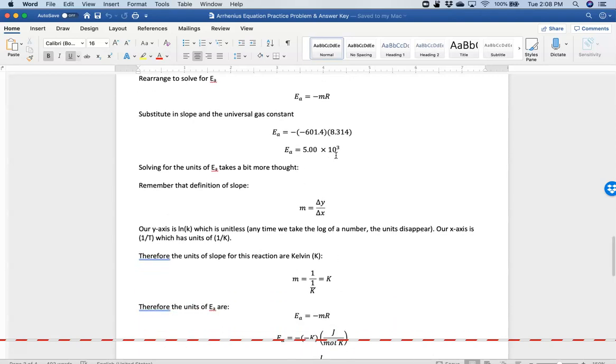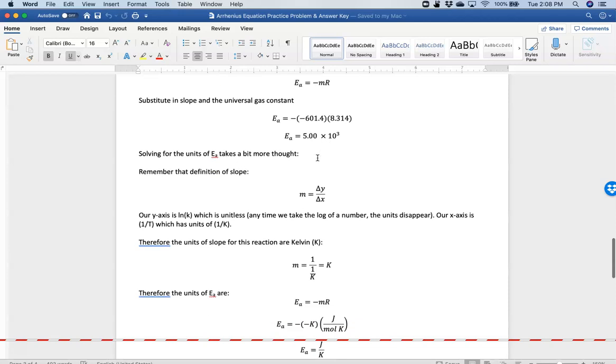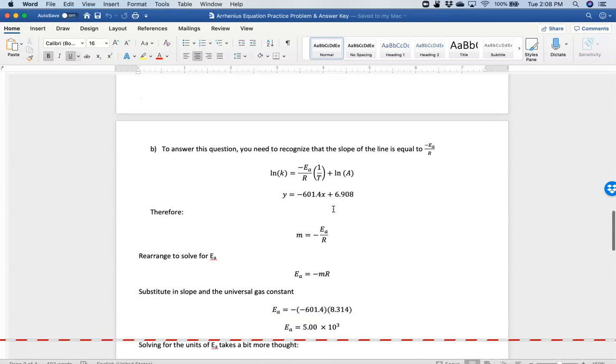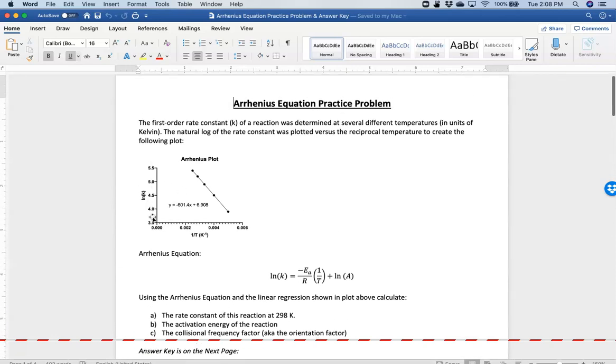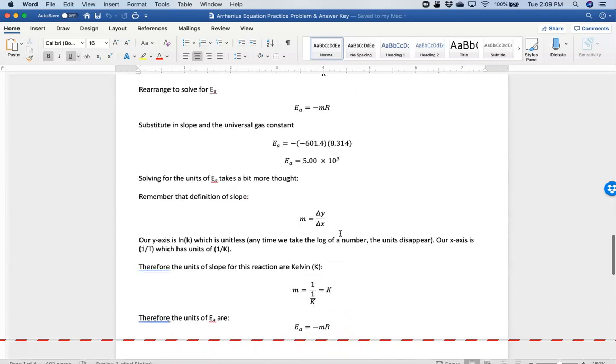Again, my EA doesn't have any units, so what I need to figure out are those units, and this is a little bit more difficult. Remember what the definition of slope is: the change in y over the change in x. Instead of worrying about numbers, we plug in our units. For delta y, the units are ln of k, and this is probably the first time we're dealing with it: natural log and log do not have units, so they're unitless.